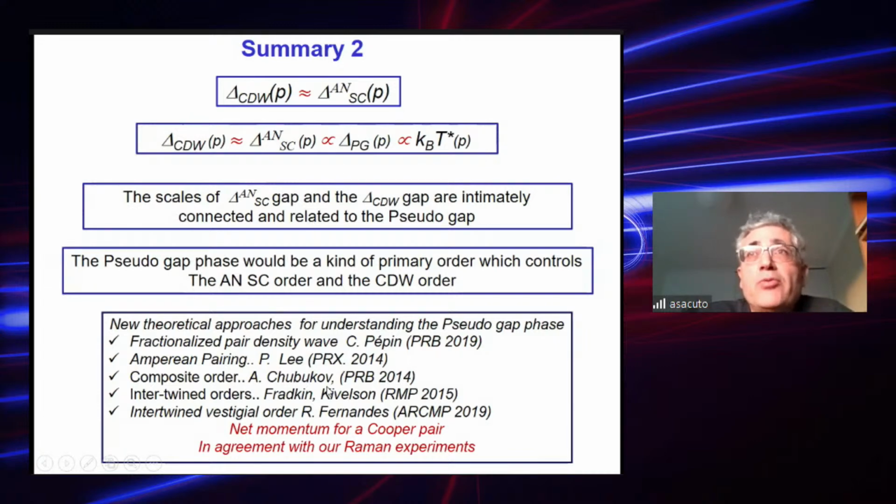So if you want to detect the charge density wave, you have to go a little bit away from the antinodal region. This is the reason why we are looking in the nodal region to detect it. And the other point is that Raman spectroscopy is an energy probe.